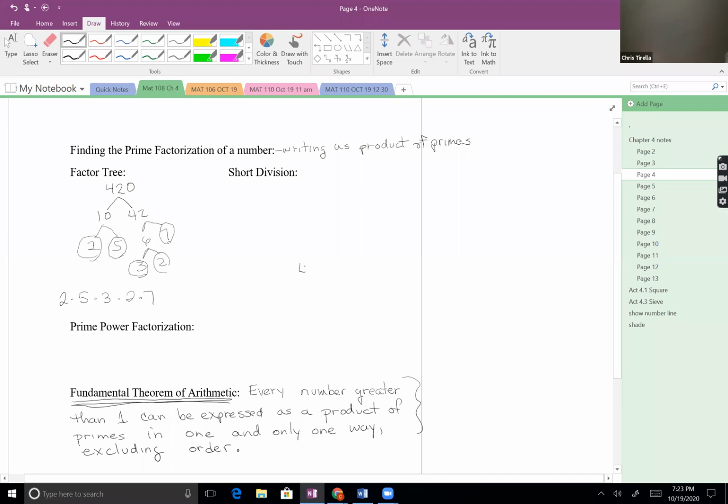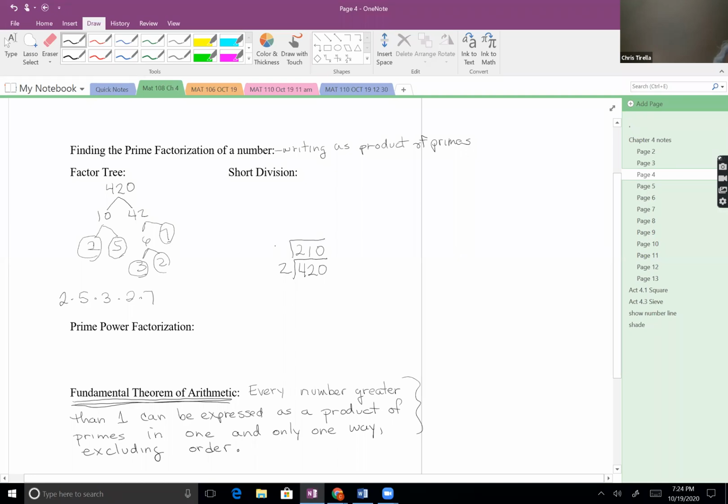Another way of getting those factors is with something that's called short division. I'm going to start with that same number, 420, and I'm going to try to divide it by the smallest prime number, or 2. Does 2 go into 420? 2 goes into 4 twice. 2 goes into 2 once, and I'd have a 0. Is that still even? 210?